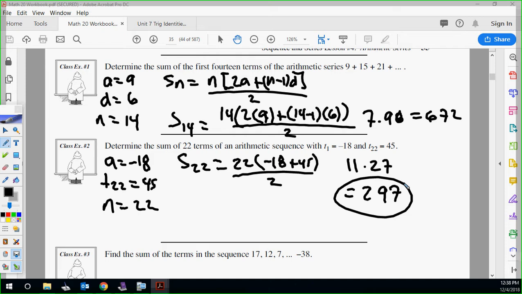If you needed to find the common difference, you would go 45 minus a negative 18, so that's plus, over 22 minus 1, which is 21. So it ends up being 3. If you want to find the common difference, you can use that first formula.